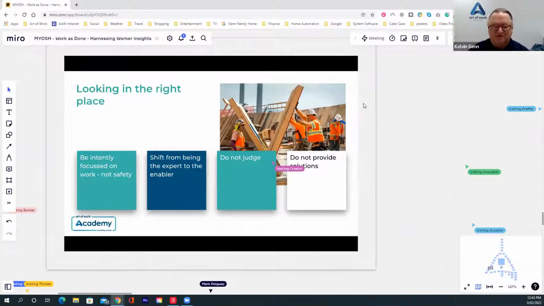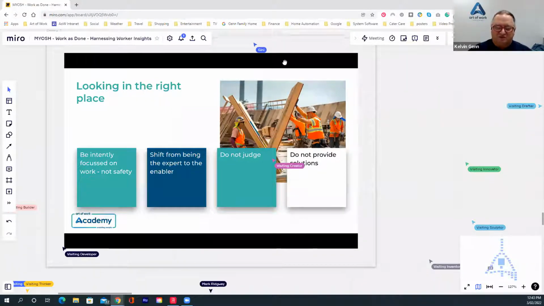There's a time and a place for that, but it's not in the beginning when we're really interested in work insights. If we start entering into that insight solution space right from when we start to move into this interaction with frontline workers, it will quickly shut down the range and depth of what is discovered and found in the process.